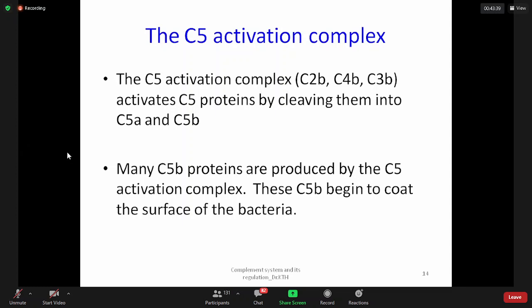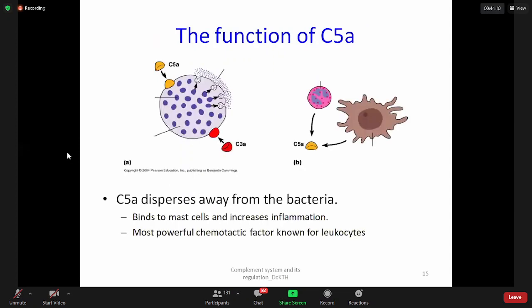On the other hand, C5B, once you produce C5B, then it also starts to coat the surface of a bacteria, and it is the precursor of the production of C5B, 6, 7, 8, and later 9, which polymerizes to form a membrane attack complex.